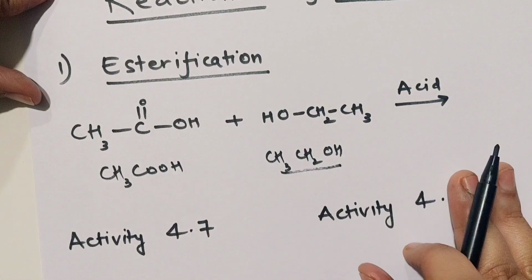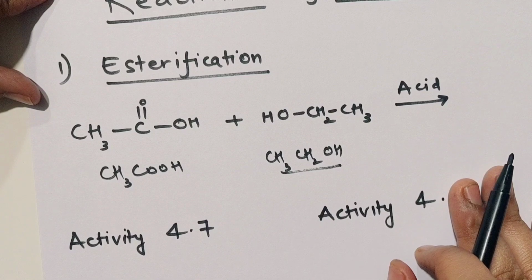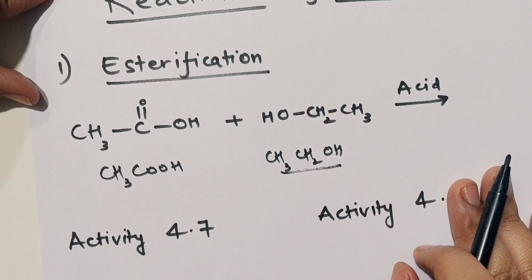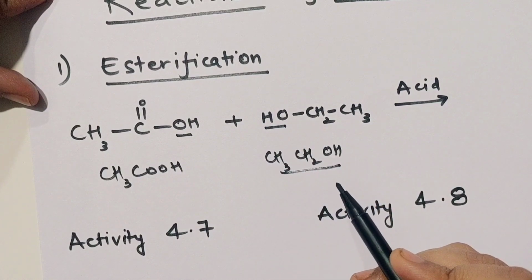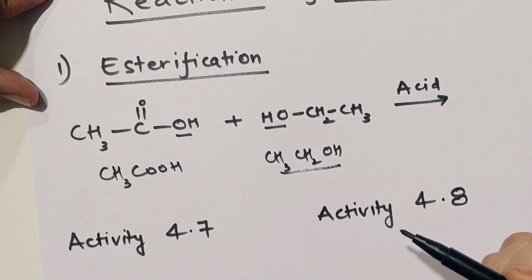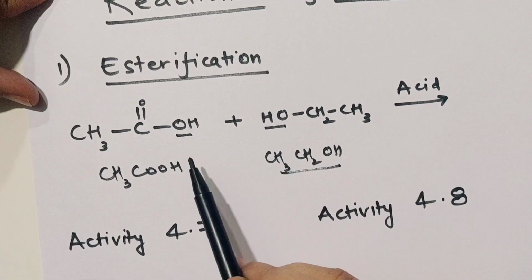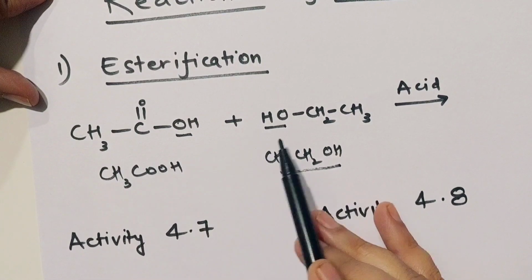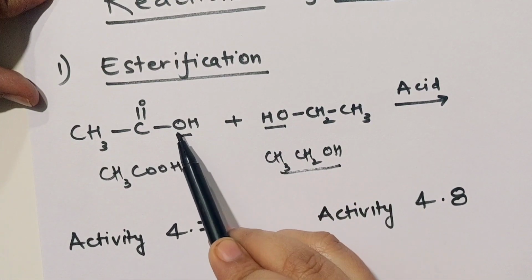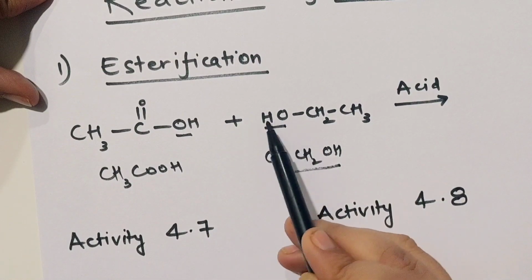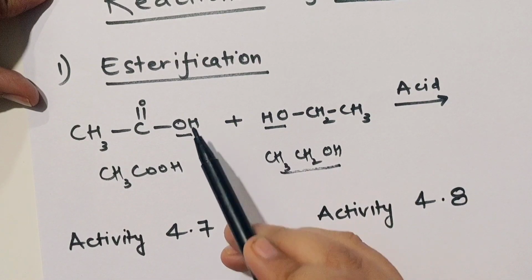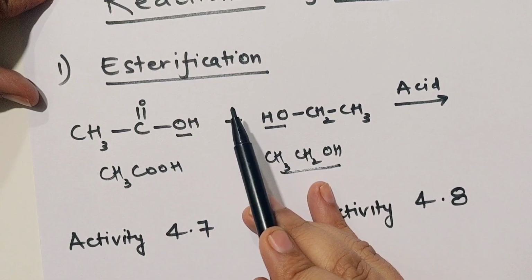Why are we doing this? Because we have to remove water. So we are keeping the two OHs in front of each other. Now, you can remove water any way you like, as in you can remove this OH and this H, or this OH and this H. It will give you the same product.